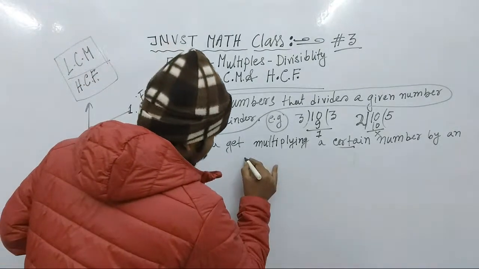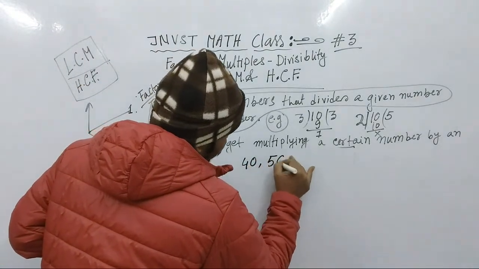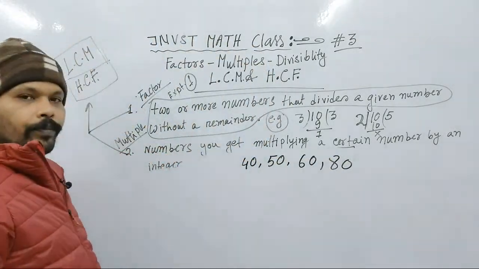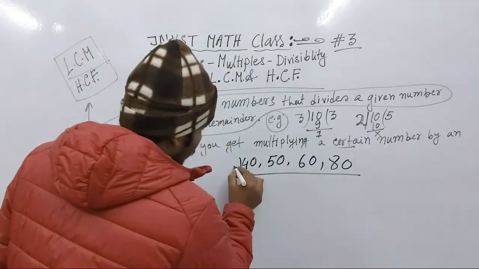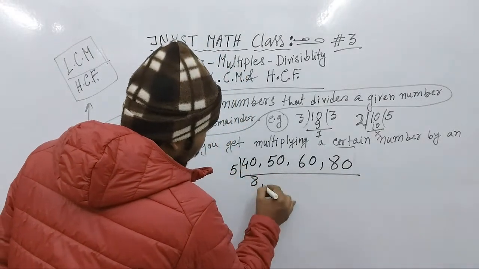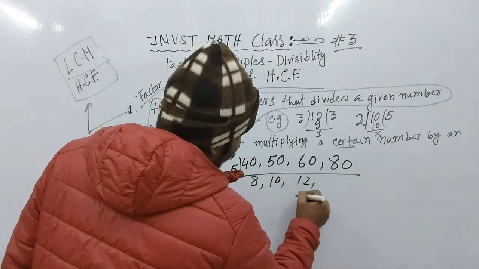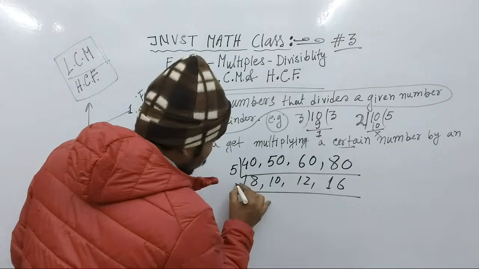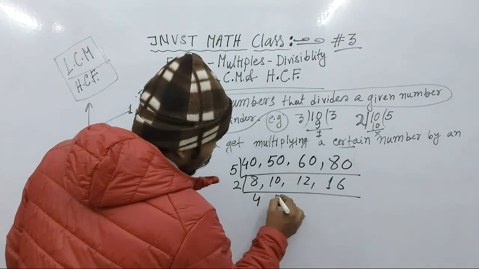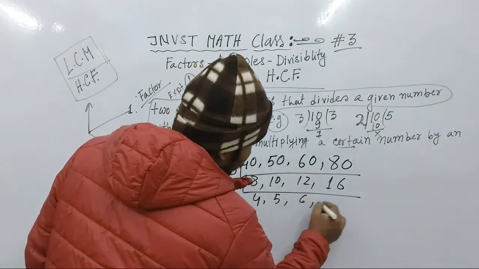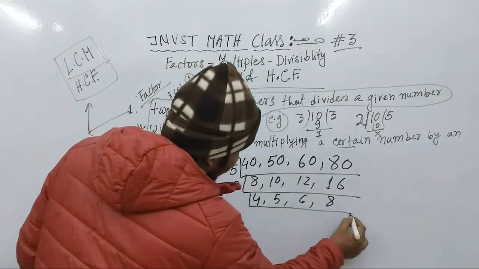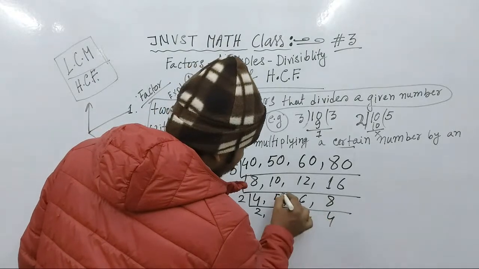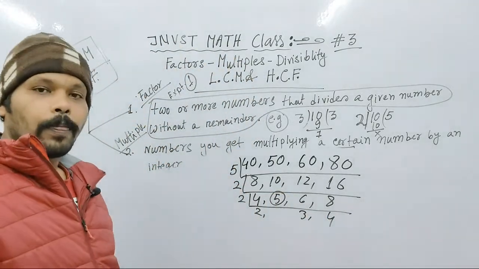40, 50, 60 and 80. We have to divide by 5. 8, 10, 12, 16. Now by 2: 4, 5, 6, 8. Again by 2: 2, 5, 3, 4. But 5 is not divisible by 2.